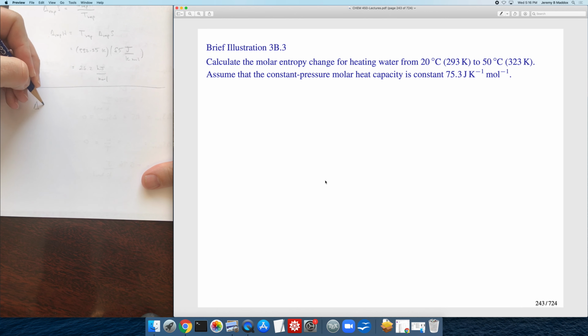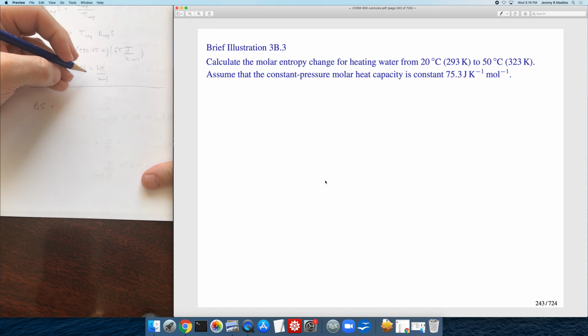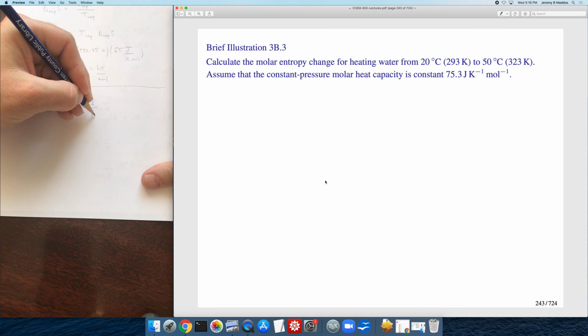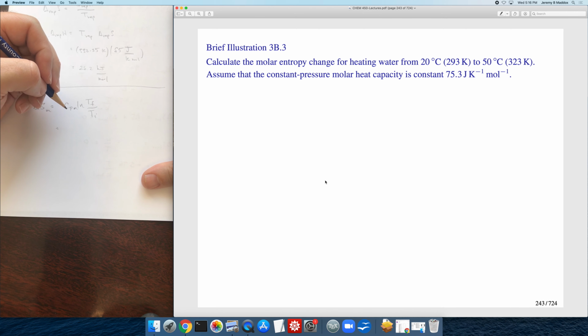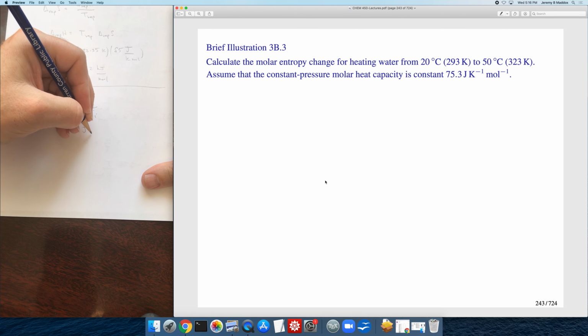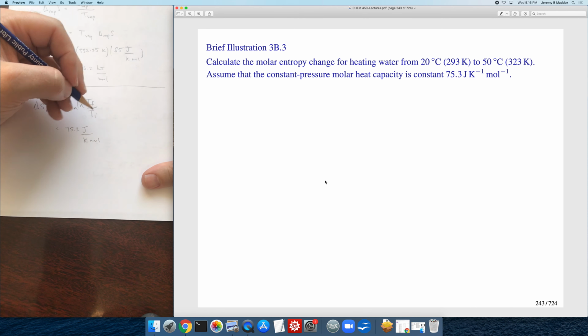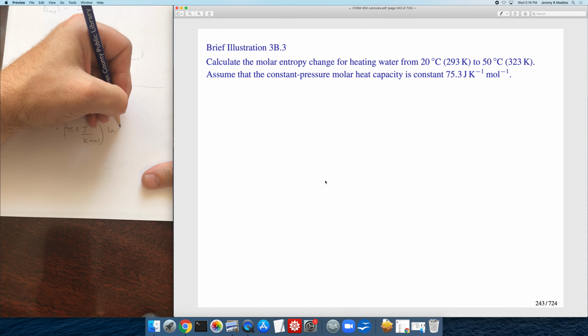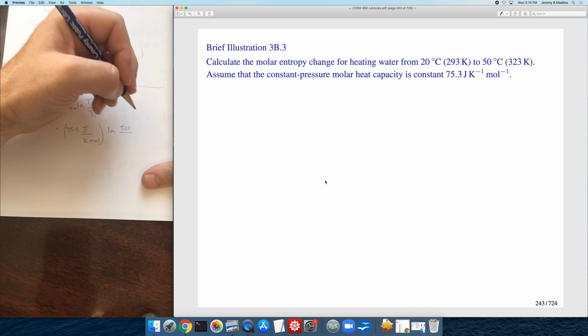And so the delta S per mole would be Cp,m natural log of Tf over Ti. And so we'll have 75.3 joules per Kelvin per mole, natural log of 323 divided by 293.